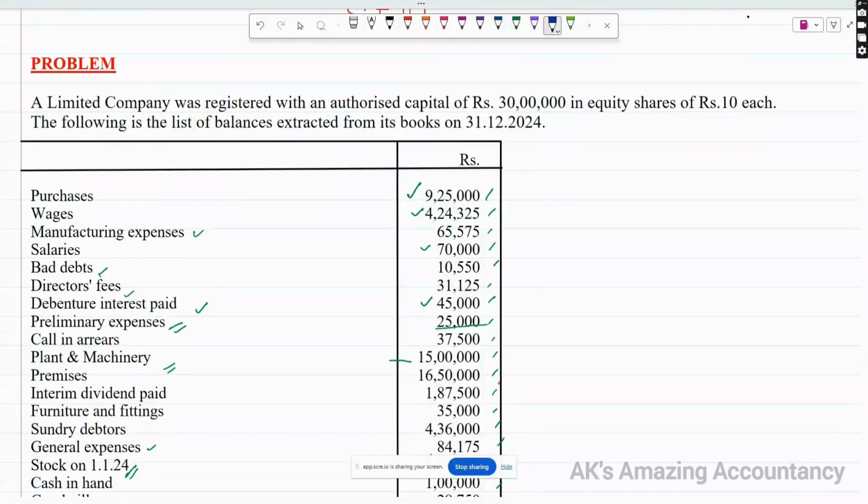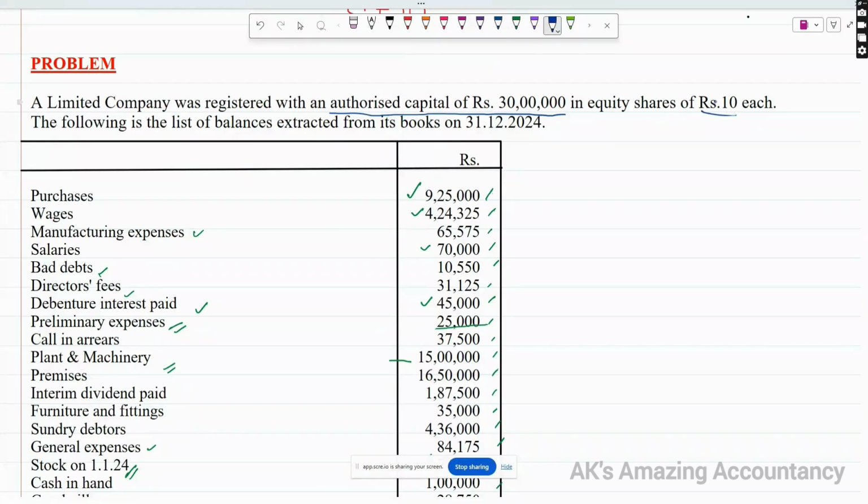Now, as I told you, note 1 is for share capital, and whenever we are given authorized capital in the problem, we have to enter the authorized capital. So in this problem, you are given a limited company was registered with an authorized capital of rupees 30 lakhs in equity shares of rupees 10 each.